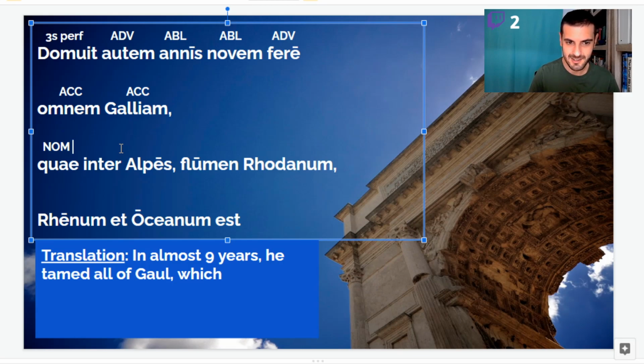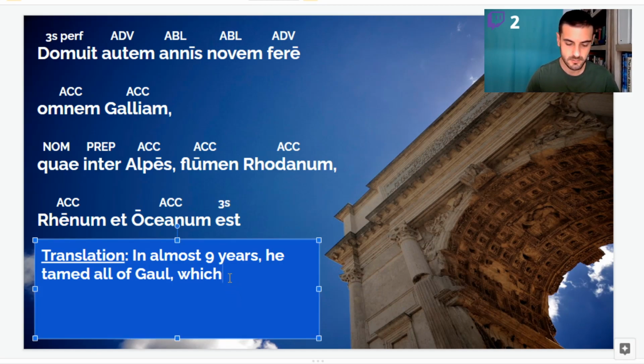Quae inter Alpes. Inter, preposition, takes the accusative. Flumen Rhodanum, also accusative. Rhenum et Oceanum. So all of Gaul, which est, right, there's our verb, which is inter, between the Alps.